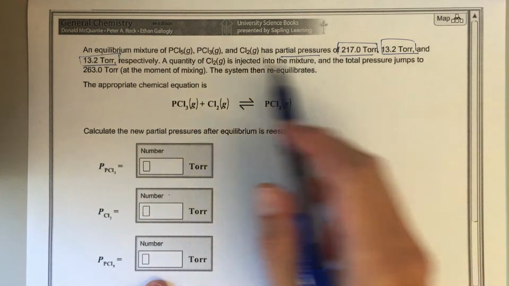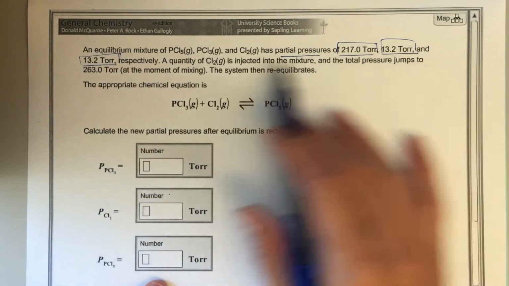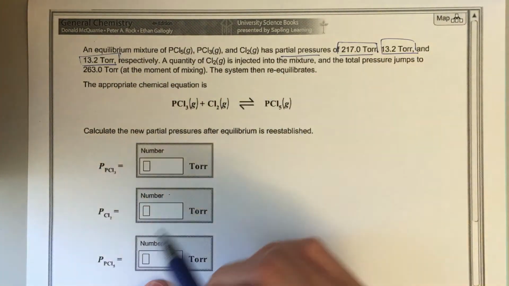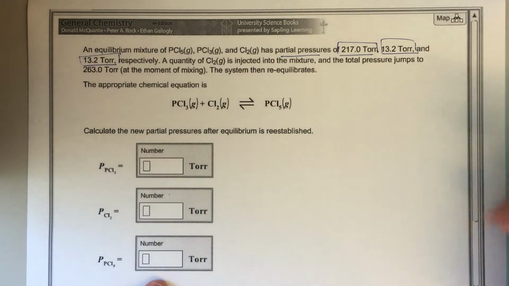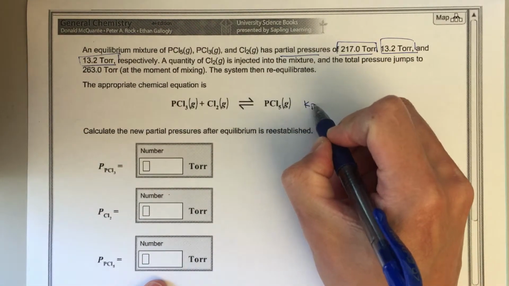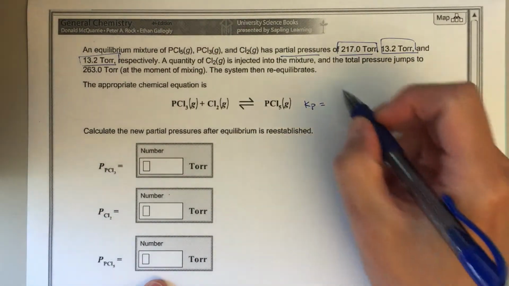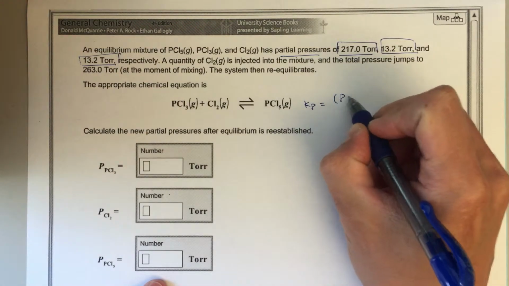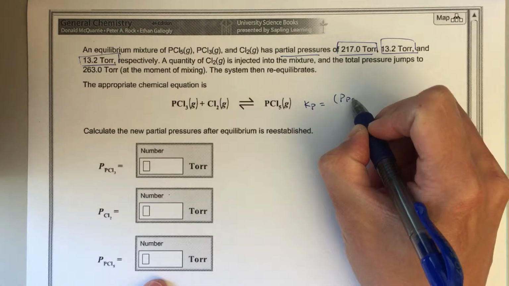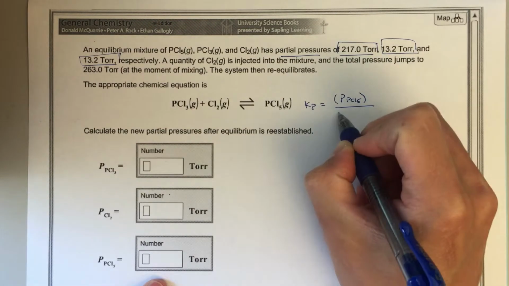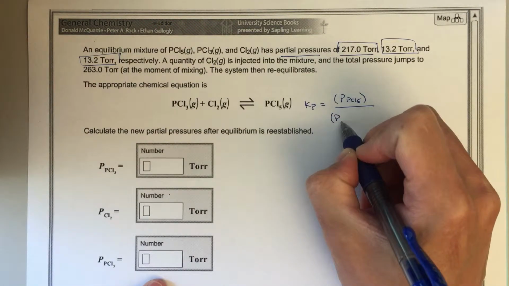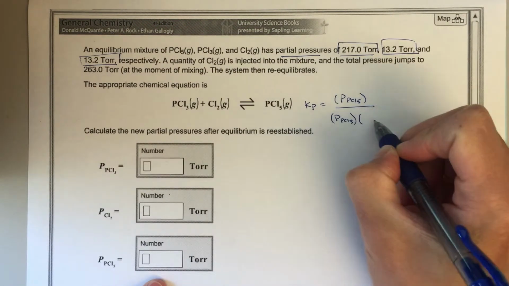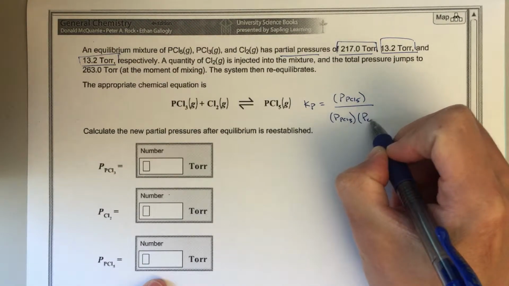So this is at equilibrium. Right away I'm saying, oh, these are my equilibrium pressures, so I'm going to think about this in terms of a Kp. Earlier we talked about how Kp is going to be the partial pressures of each piece, because we can use pressures instead of concentrations.